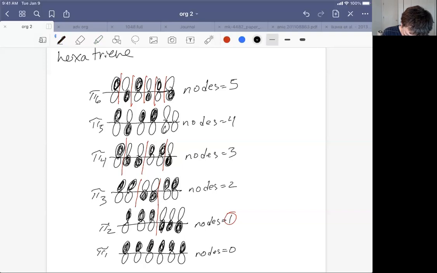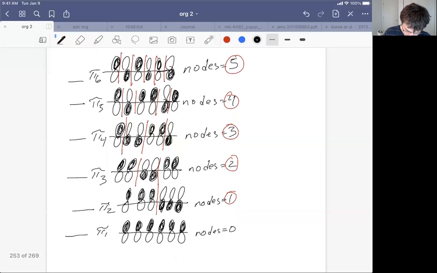Everything else alternates. So we have here, here, here, here. So we've hit 4 nodes for pi 5, 3 nodes for pi 4, 5 nodes for pi 6, 2 nodes for pi 3, 1 node for pi 2, and then everything has in-phase overlap at pi 1. Now what I want to do is, to the left of each of these, right next to the labels, put a line for their occupancy.